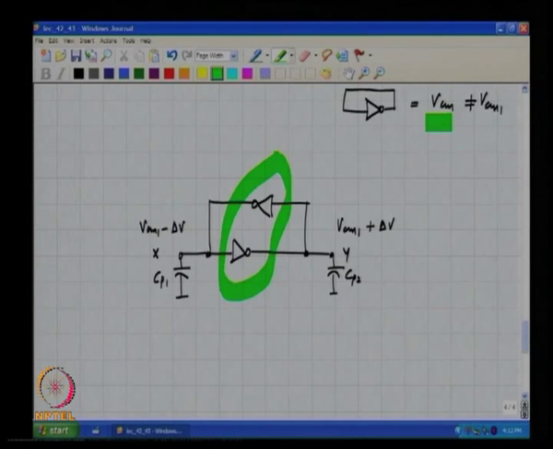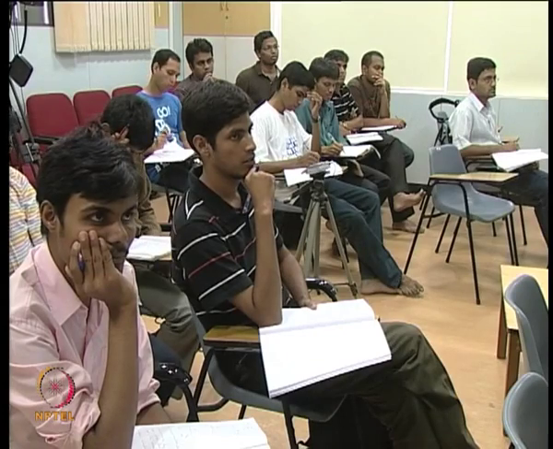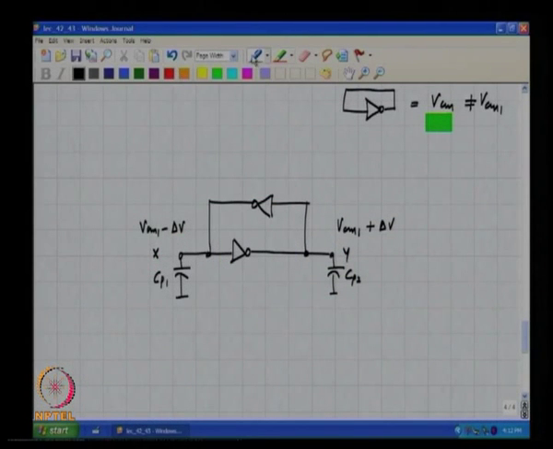Now, what happens? Let us think about it carefully. The initial voltage at this node, as soon as the inverters are turned on, is basically Vcm1 plus delta V, but the trip point of this inverter is Vcm.